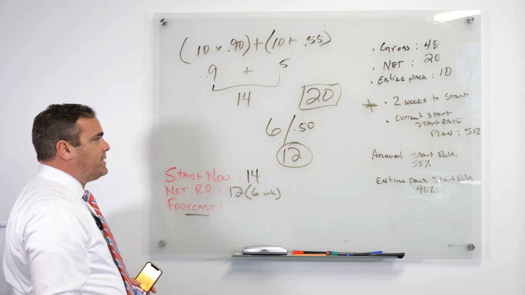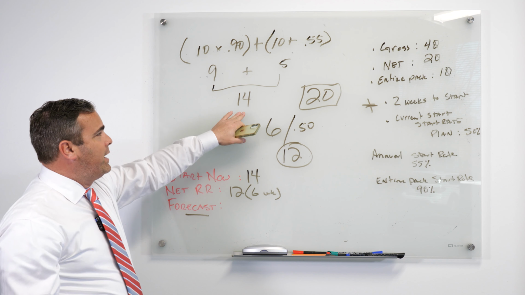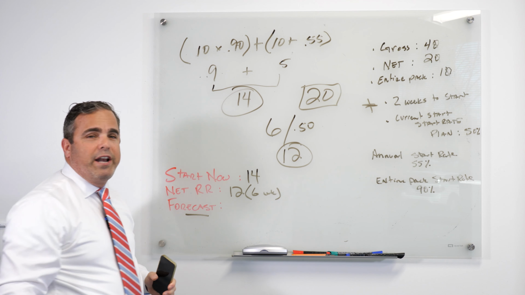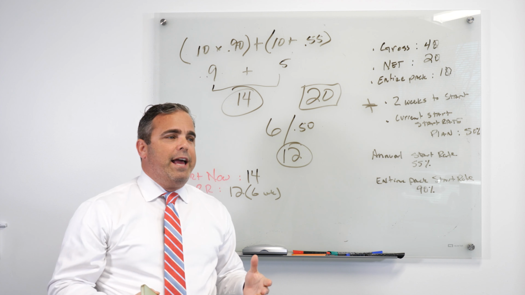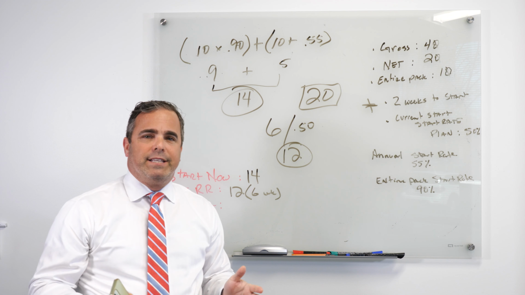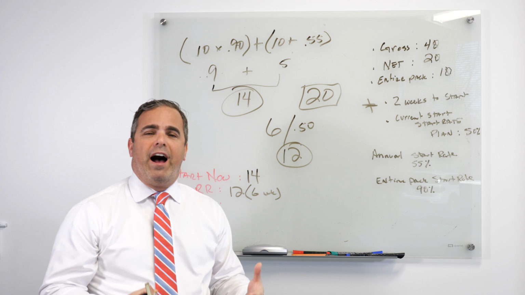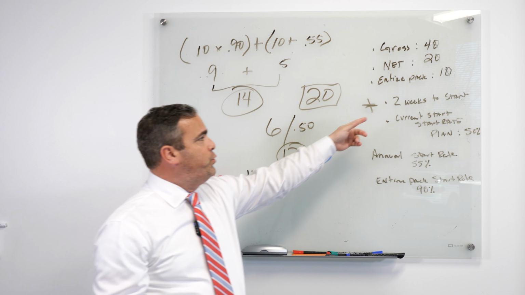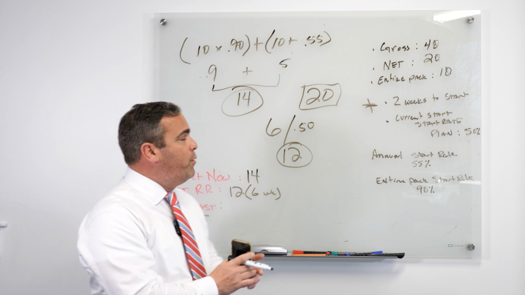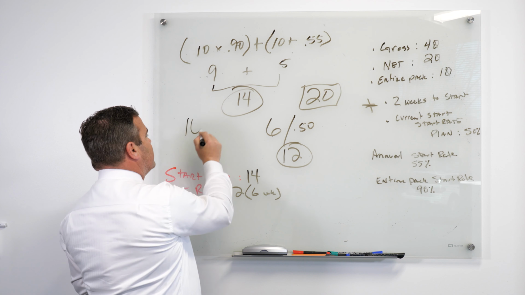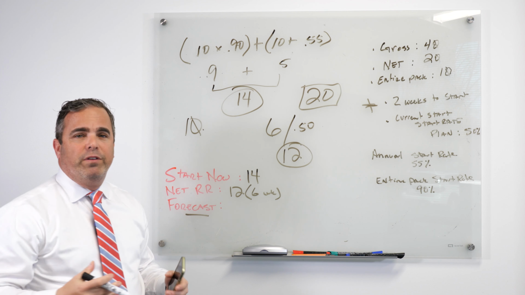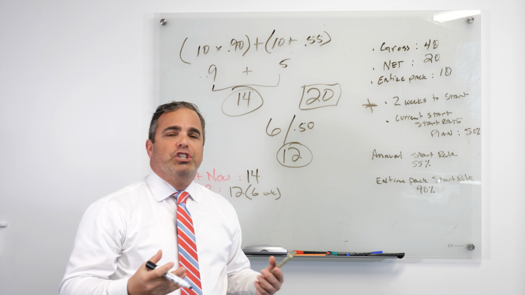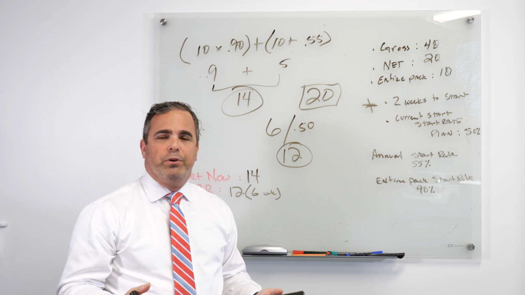Lastly, the forecast. If you're at 14 right now as a start now number, and let's say you write 5 gross apps at any given time during the week, and there are 2 weeks left to the start, that would be 10 more applications over the next 2 weeks. That is a conservative number that you know your team can produce.